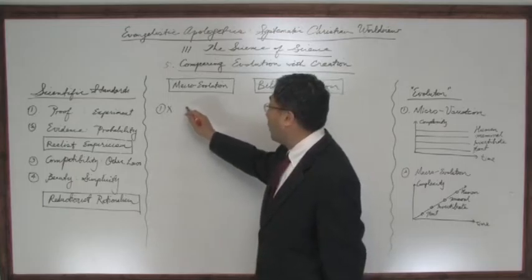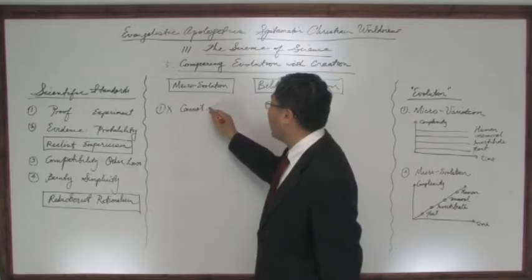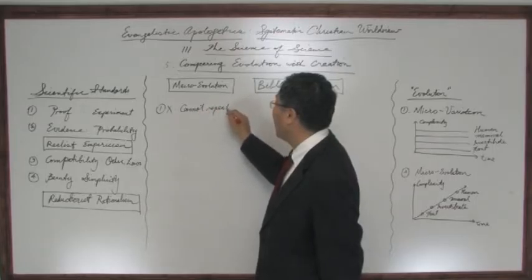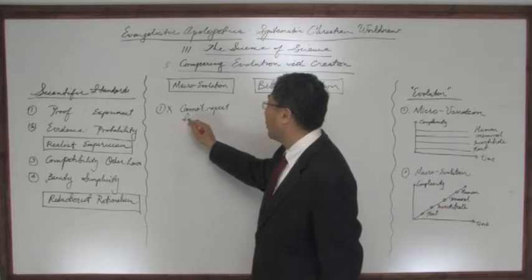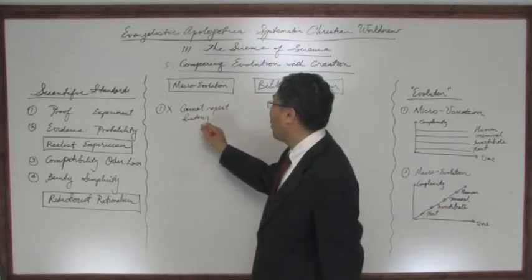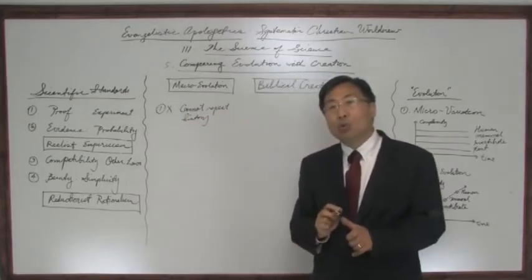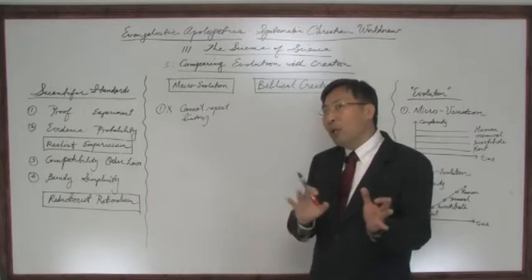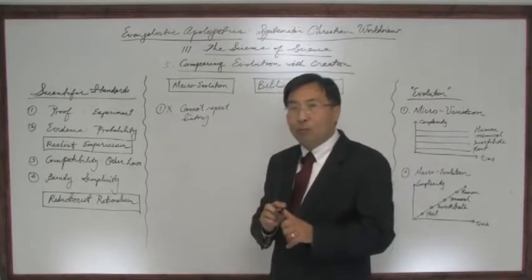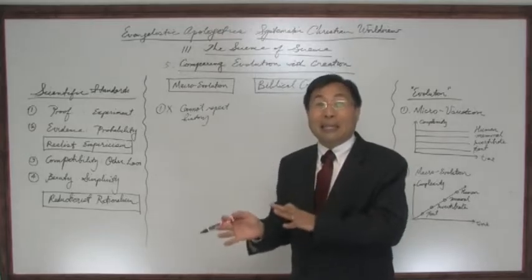Because what? Because you cannot repeat history. If you want to use experiment to prove that in the beginning life came from evolution, you have to repeat history.